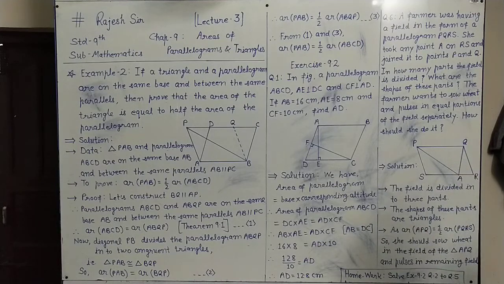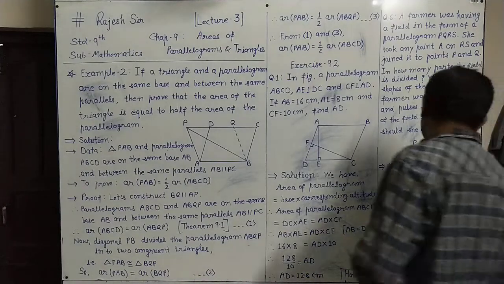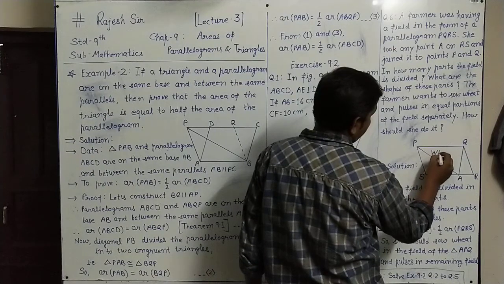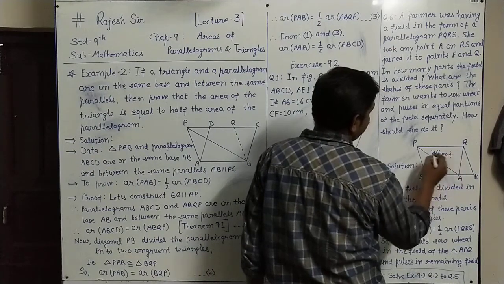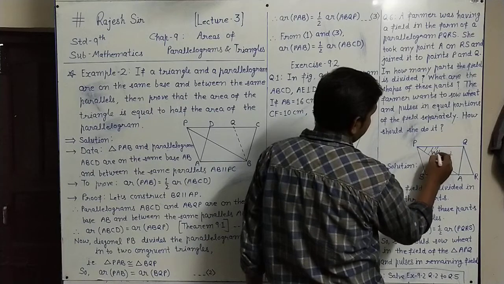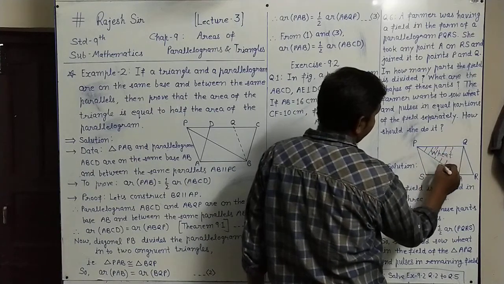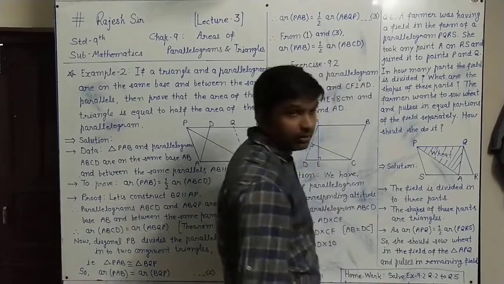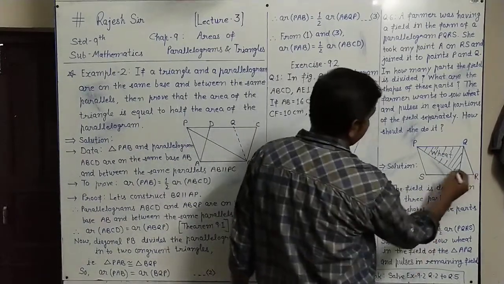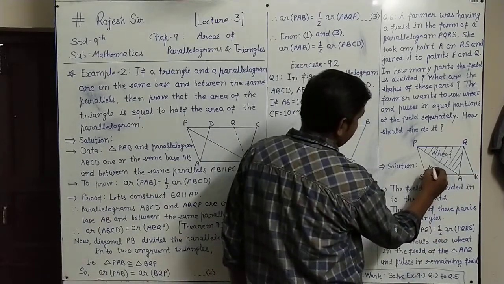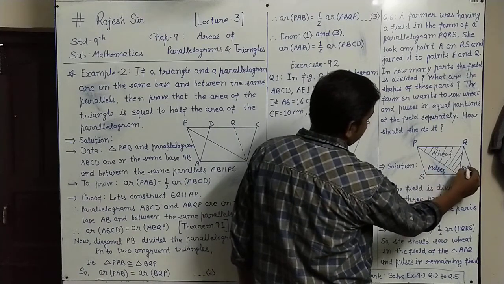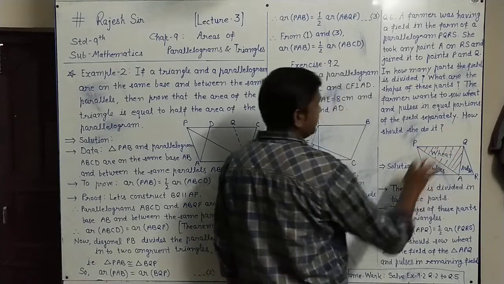In this field, triangle APQ, she has to sow wheat, right? That covers half the area of the whole field she has, and in the remaining she has to grow pulses. So the remaining will be the other half of the field.